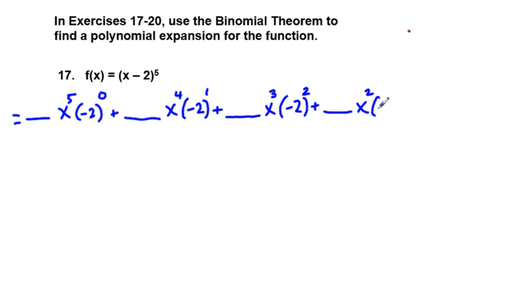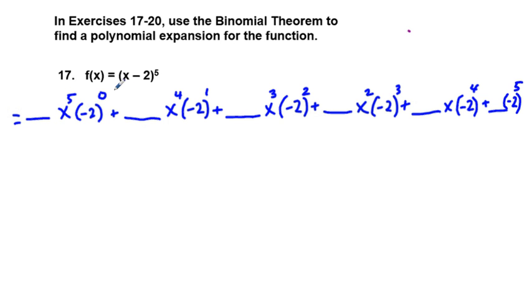We're going to have negative 2 to the third power, plus coefficient, we'll have x, negative 2 to the fourth power, and then we're going to have plus coefficient, and we're going to have negative 2 to the fifth power. Now this negative 2 to the fifth power, all right, that shouldn't be too much trouble. Anyway, we're going to expand the whole thing.